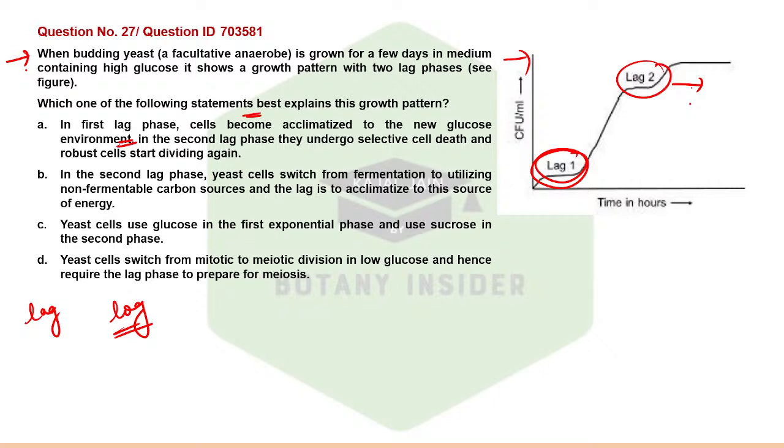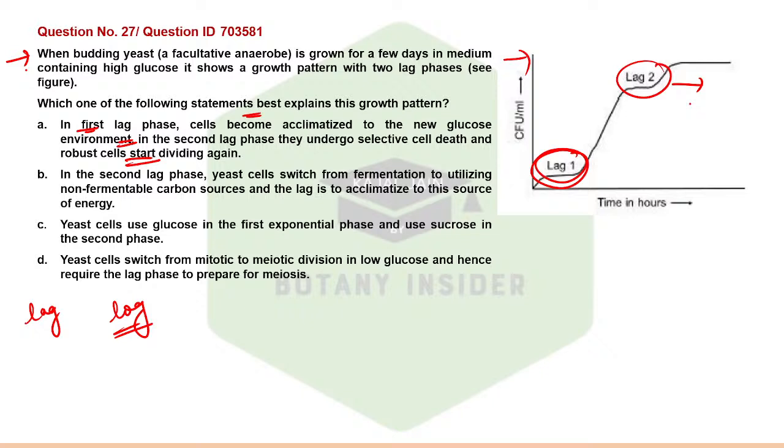The question is asking what explanation can be given for this entire growth pattern. First one: in the first lag phase, cells become acclimatized to the new glucose environment. In the second phase, they undergo selective cell death and the robust cells start dividing again.